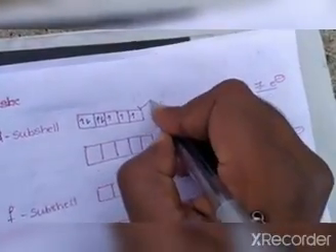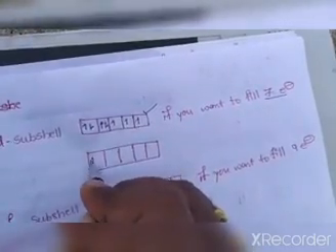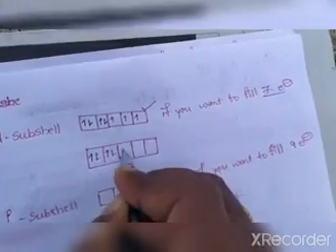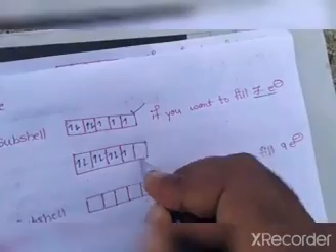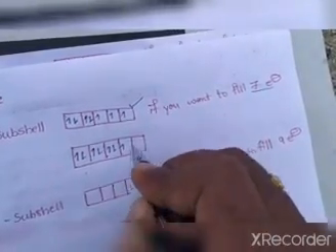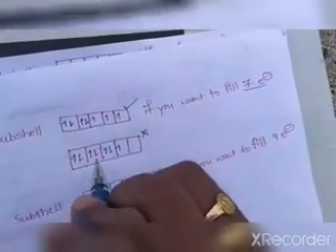This is the correct way. What we do wrong is we randomly fill 2 electrons like this and leave one orbital empty. This is the wrong way to write.